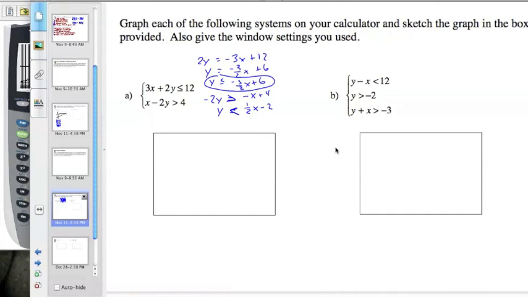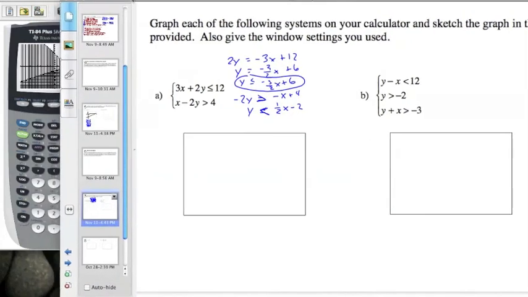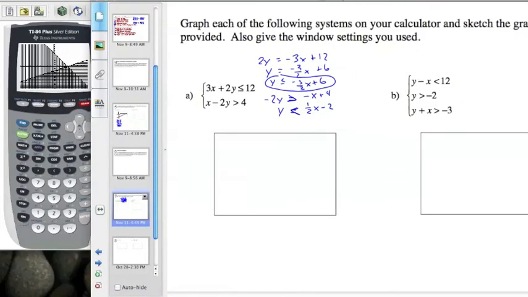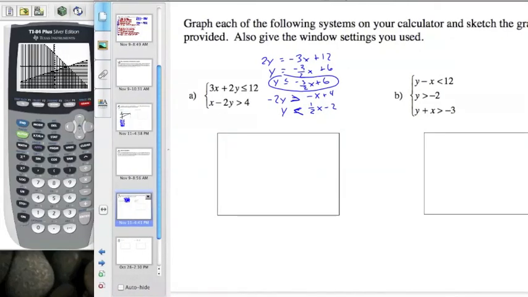So now I'm going to go back here, and I'm going to slide this over because I want to sketch my graph. I just want to be able to look at it. So I have my axes, which are here and here. The one line is coming up like this, and we have shaded below that one.